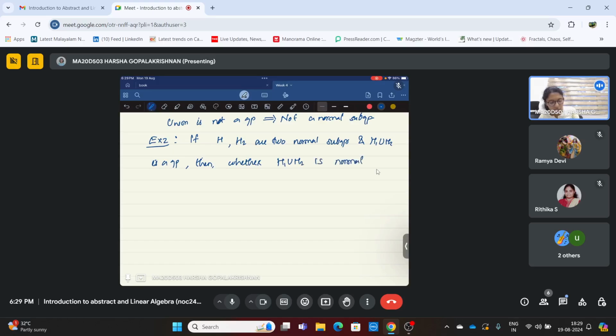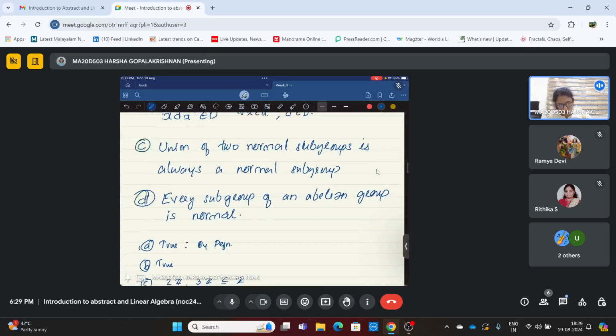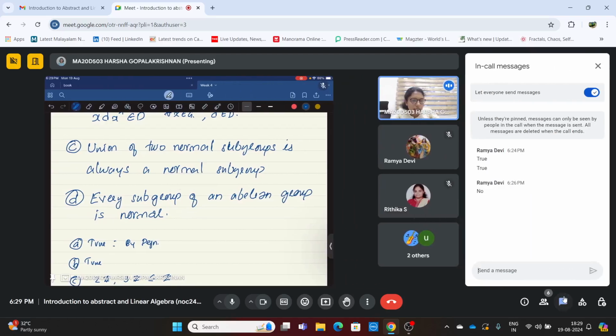This is a very easy question. The only thing is you need to see what H1 union H2 is. Under what condition H1 union H2 will become normal. If you are able to do that, then it will easily follow whether H1 union H2 is normal or not. Now we will go to the fourth option. Every subgroup of an abelian group is normal. Anyone knows the answer? B.